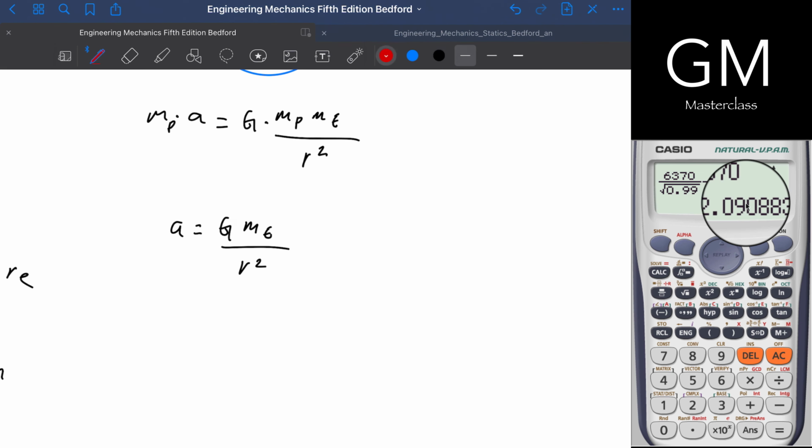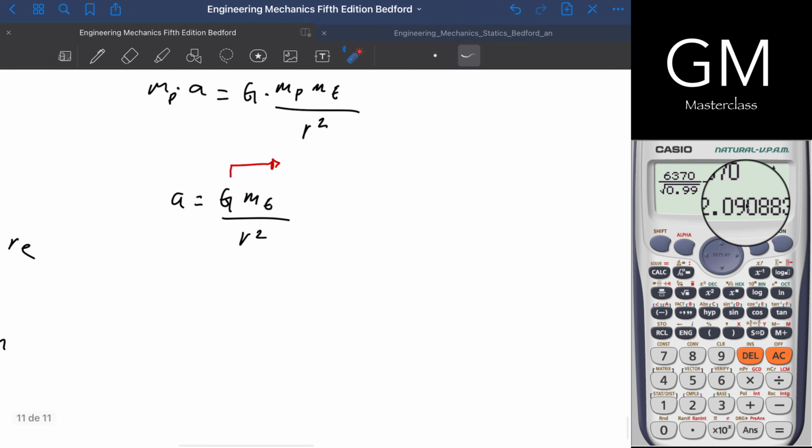I'm sorry, this A, you're right, is the gravitational acceleration. In the case of the Earth, it is equal to 9.81 meters per square second, and in the case of the US customary base units, it is equal to 32.2 feet per square second.